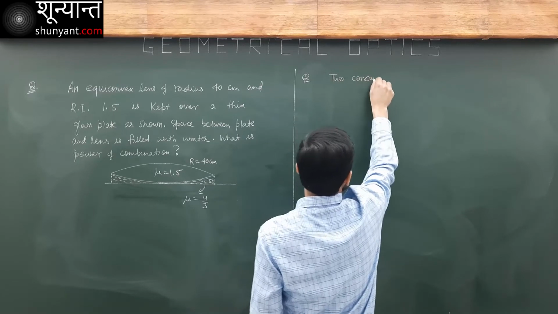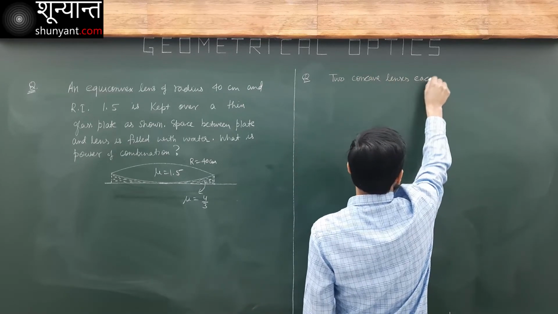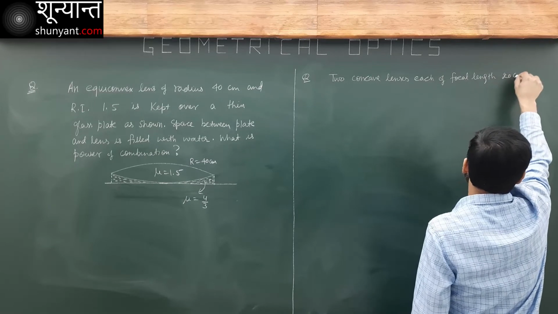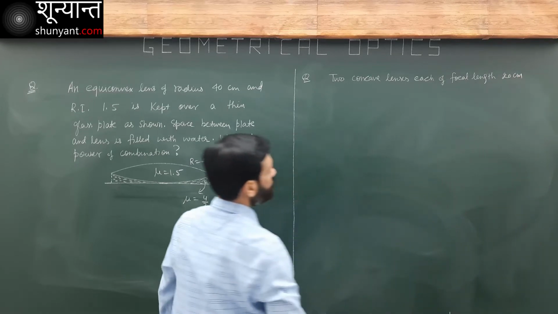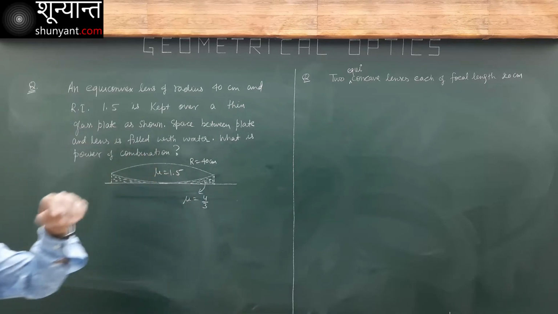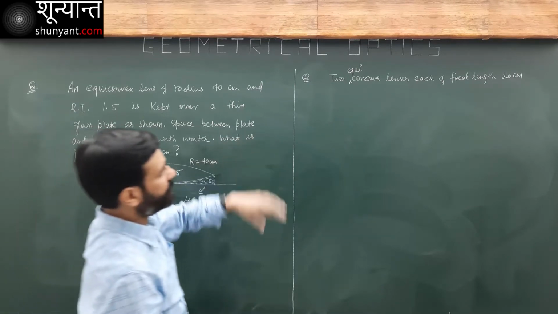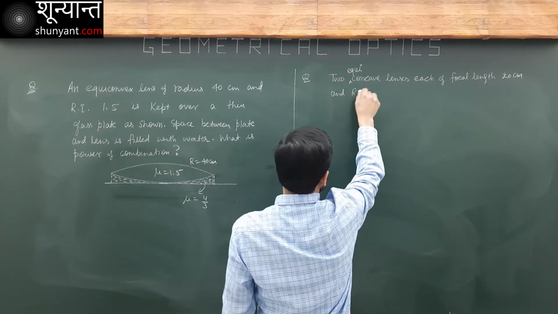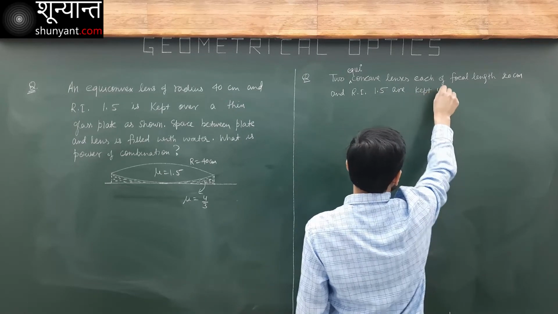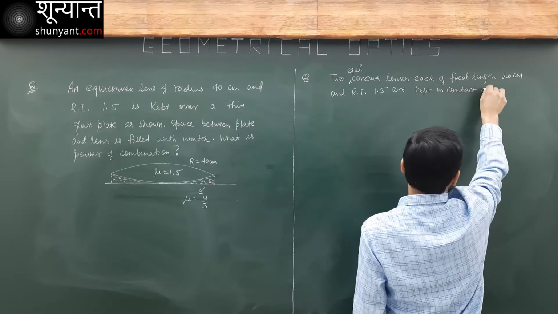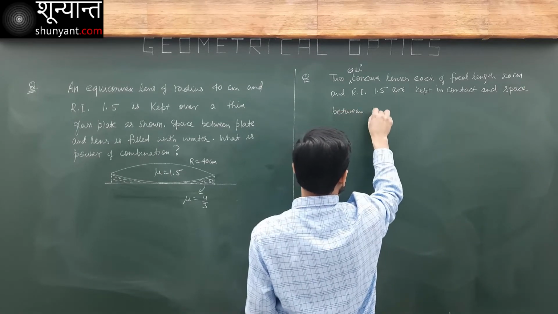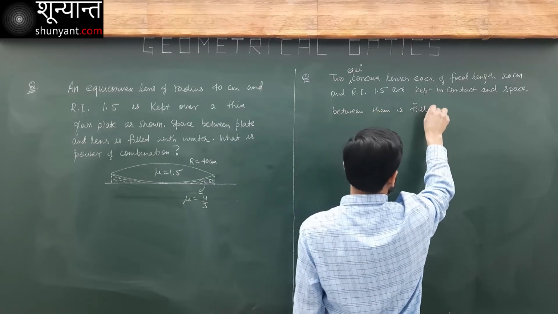Two concave lenses, each of focal length 20 centimeter and refractive index 1.5, are kept in contact, and the space between them is filled with water.